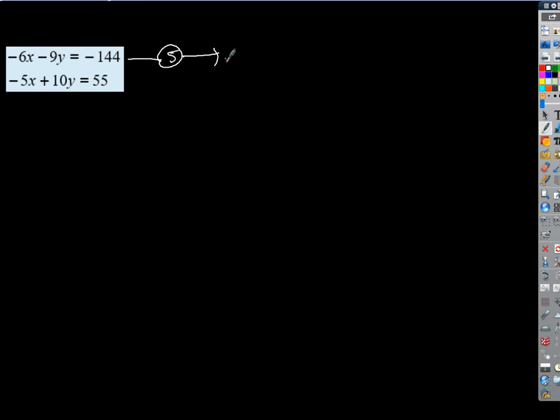Okay, if we distribute 5 through both sides, what are we going to get? Negative 30x minus 45y minus 720. Good. Everybody agree? Okay, so we got the first one.